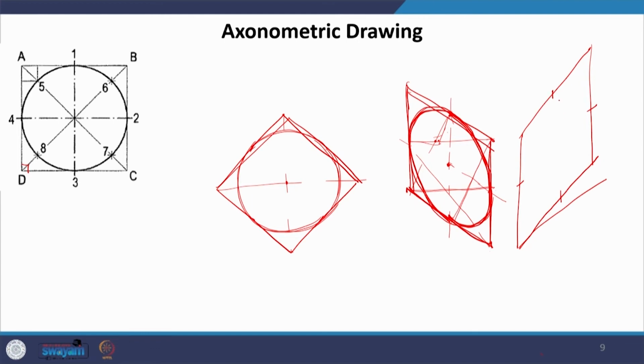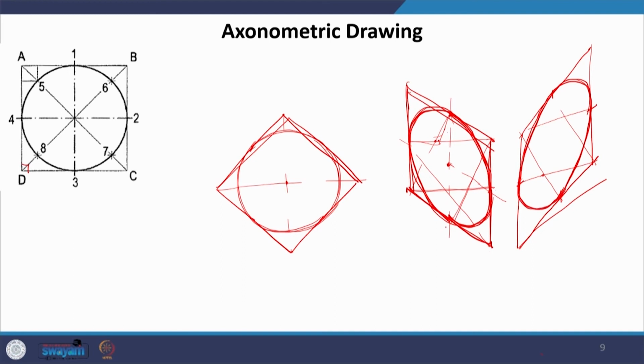Okay. Draw the perpendiculars, you get the centers, use the same process exactly, and you get an ellipse, but it is slightly different from the shape that you would have arrived at in isometric projections.